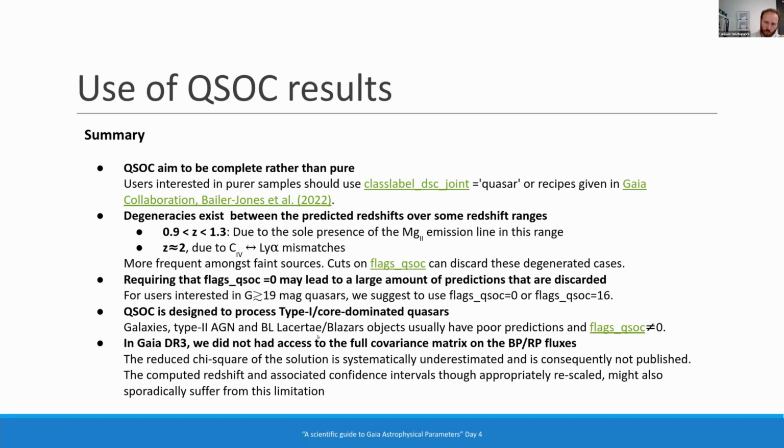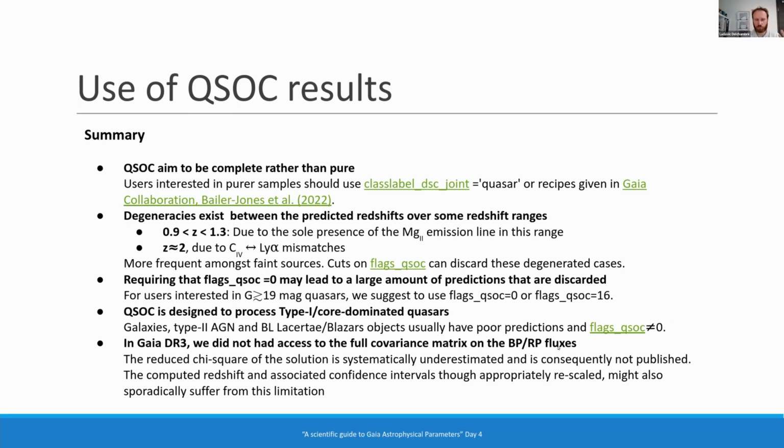Now, two points we did not mention: QSOC is designed to process type 1 core-dominated quasars. So it will yield wrong or poor predictions, at least on type 2 AGN galaxies, blazars, and so on. But in any case, we'll have a non-zero warning flag. And in Gaia DR3, this is more technical, we did not have access to the full covariance matrix on the BP and RP flux.